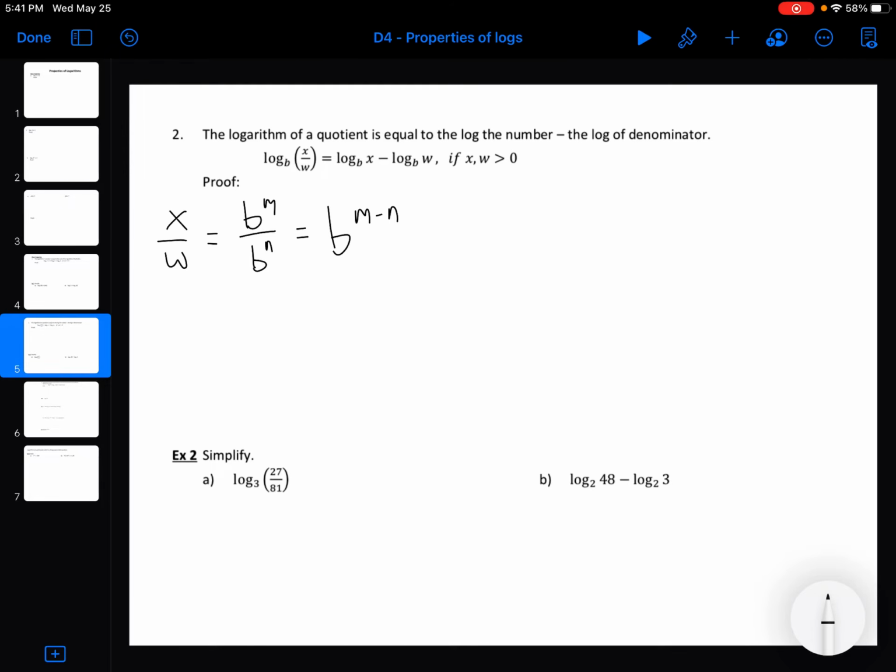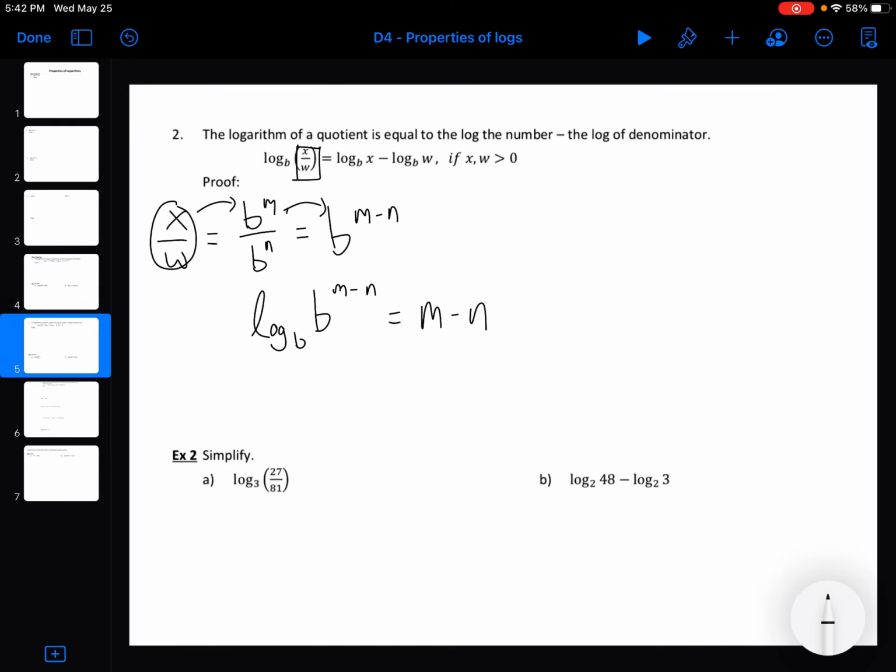Then we would know that we've got log base b of b to the exponent is going to be m minus n. Well, that whole thing is going to be equal to m minus n. Remember, we're taking this value, making them equal to that, which is equal to that, so I'm taking away this here.